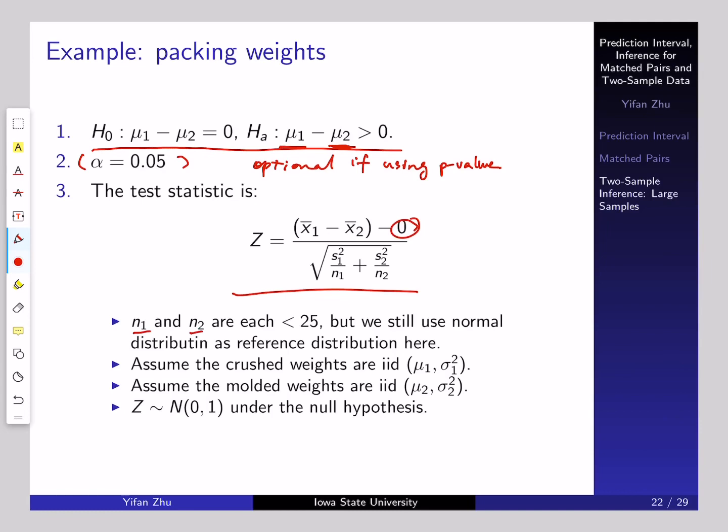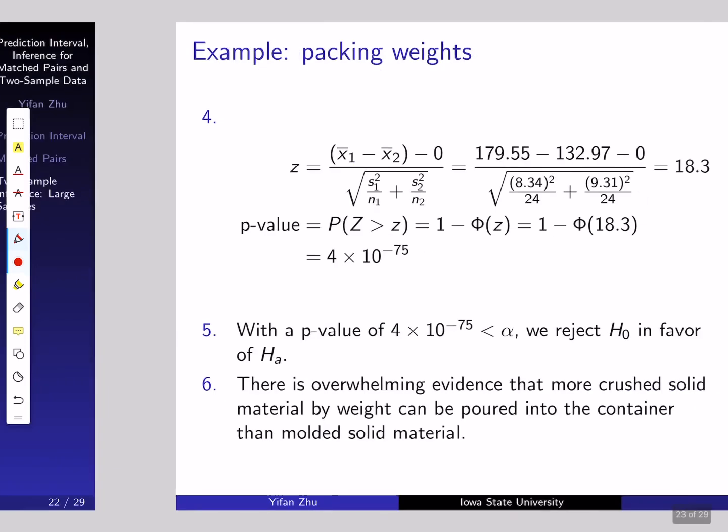They are both smaller than 25, but we will still be using the normal distribution as a reference distribution, because both of them are 22, so there should be no big problem using the CLT. And of course, we will be assuming that they are both IID for population 1 and population 2. Under these assumptions, the test statistic will be in standard normal distribution.